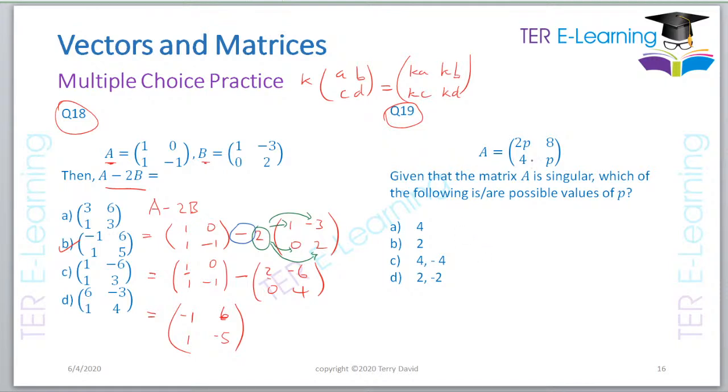So question 19, you've been given a matrix and you are told that the matrix is singular. So we did a question previously where I told you what a singular matrix is. For a singular matrix, the determinant is equal to 0.